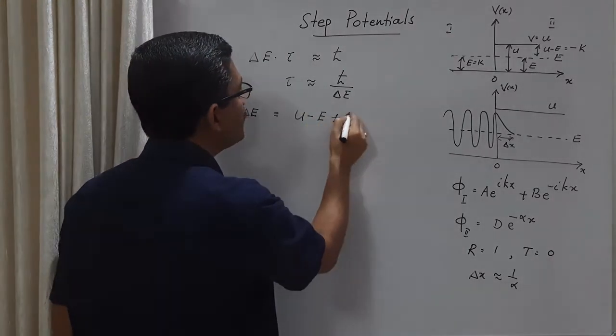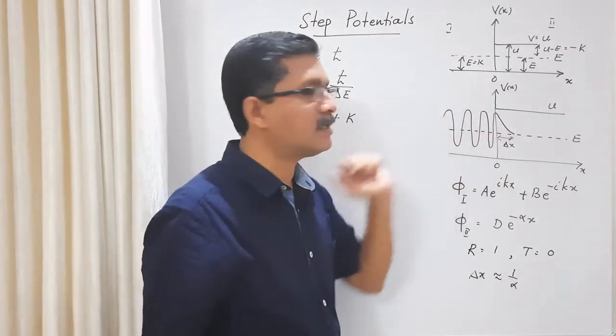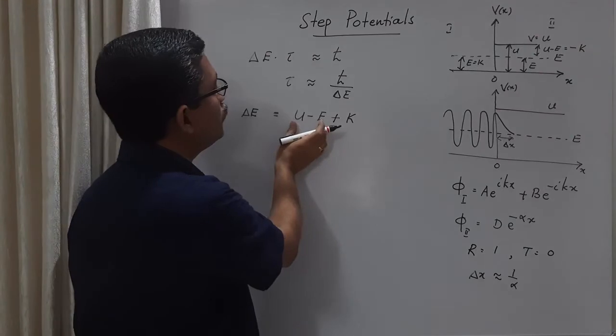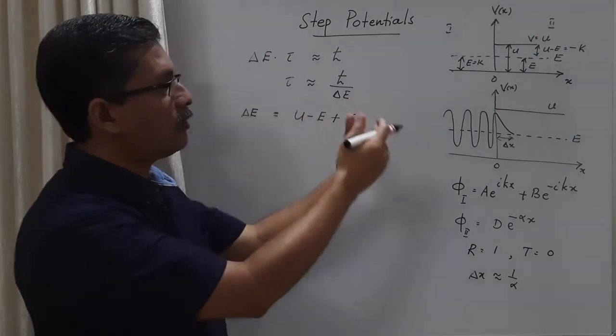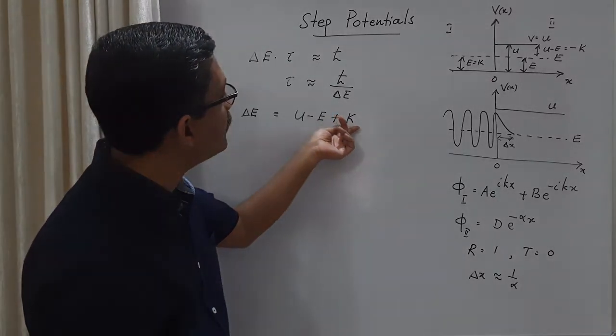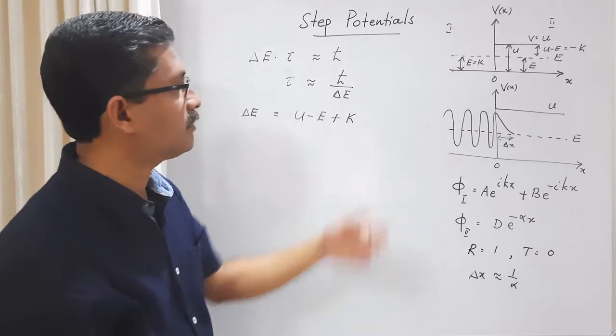In addition, there should be some kinetic energy to move to a penetration depth delta x. So U minus E is the energy required for crossing the potential step, and in addition, if some kinetic energy is there, it can reach there.